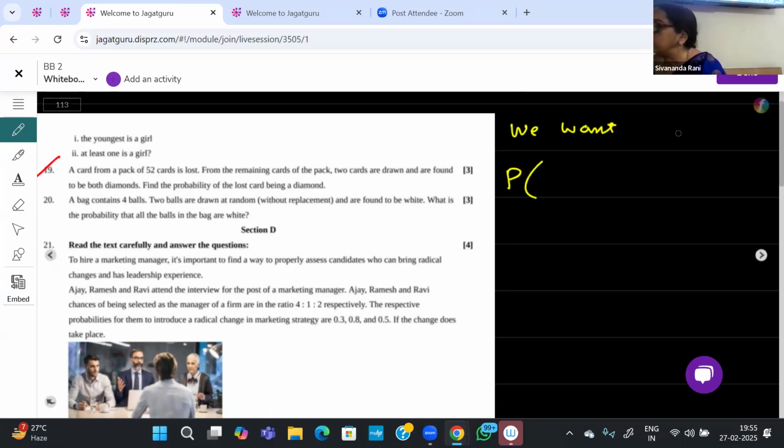What happened first? The two cards are drawn and are found to be diamonds. So we got two diamonds. This occurred first, so we should put it after the slash. What is the probability that the card lost was a diamond?